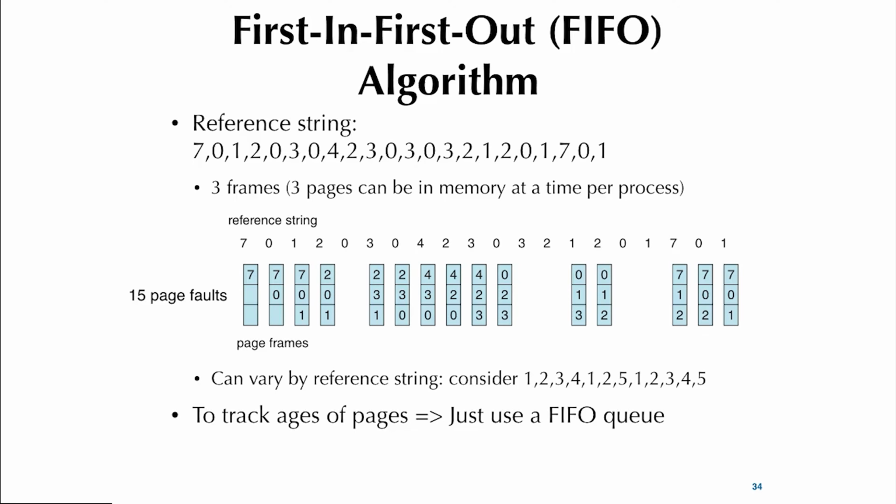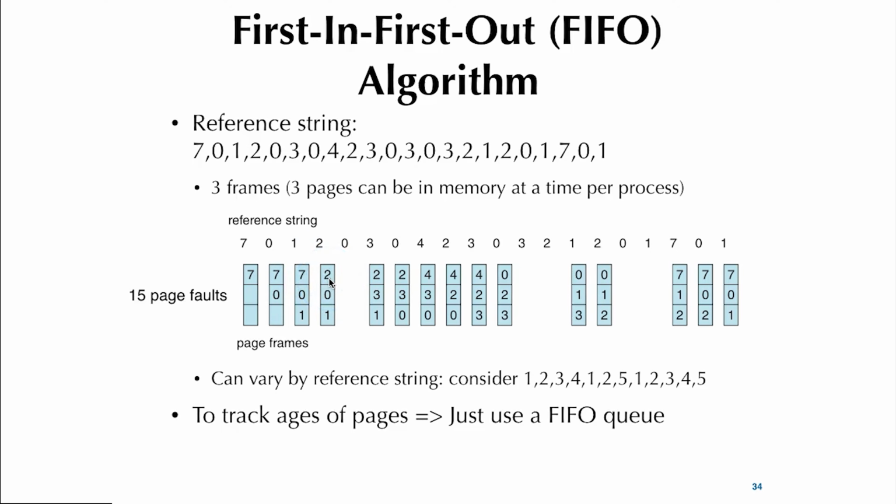So one policy or page replacement algorithm is called FIFO. In this case, you just go around in a cycle, right? So reference string 7, 0, 1, and then the next one that comes in is 2, so it wraps around. 7 gets replaced by 2.